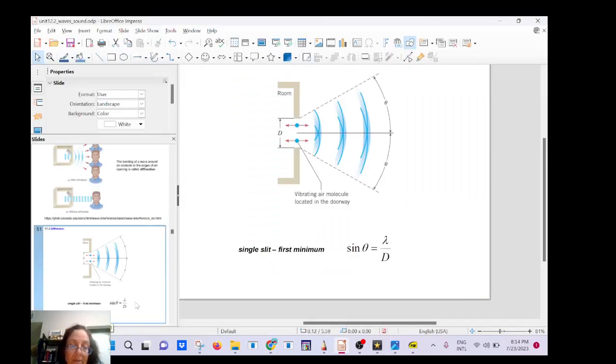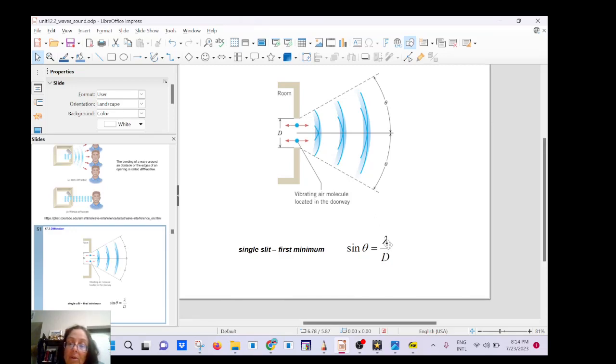So you have diffraction with sound, and you have this equation here for by how much it's going to spread out. You see here you have all that area over which most of the wave will spread out, and you have this equation here. So the sine, that will be the angle here. It depends on the wavelength and the size of the opening.